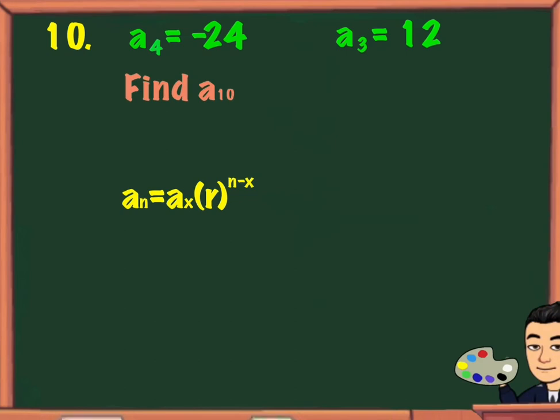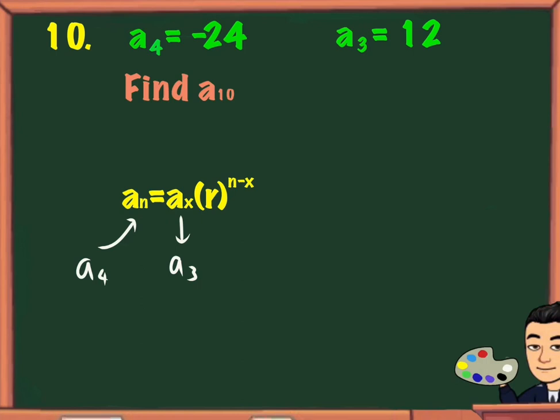All right, let's check out number 10. This is a geometric sequence. First, I want to write down and complete the rule. Normally I make the lower term the x, so I'm going to put a sub 3 for a sub x and a sub 4 for a sub n.